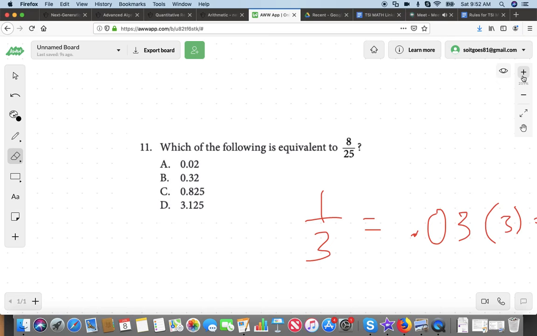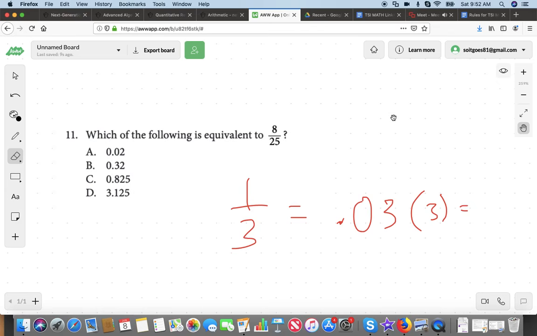I apologize, 0.09. We're going to go over multiplying decimals in a little bit, and adding them for that matter. Another way to look at it is, instead of carrying out the multiplication, add them up 3 times. It's the same as multiplying by 3. So 3 plus 3 plus 3 is 9. So 0.09 if you're adding.